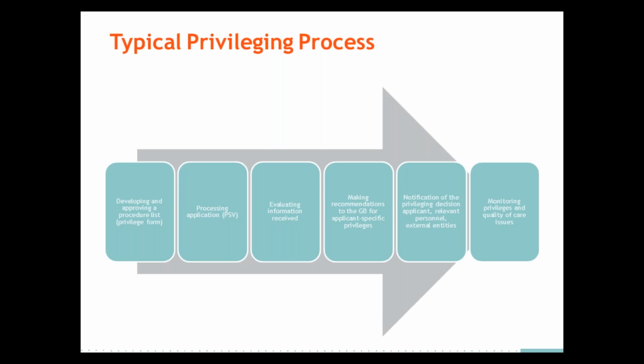So all the information that is collected is reviewed by the medical staff, and the medical staff makes a recommendation to the governing body. The medical staff does not approve privileges. The medical staff does not approve appointment. The medical staff makes a recommendation to the governing body, and the governing body approves the appointment and privileges.